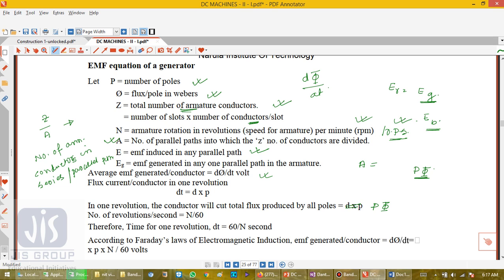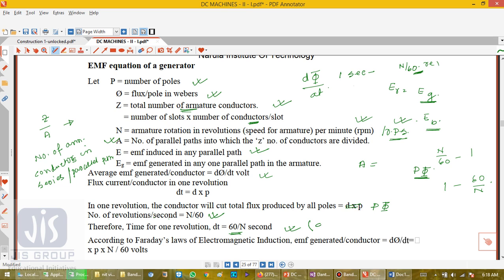In RPM, the number of revolutions in 1 second is n by 60, so one revolution takes 60 by n seconds.